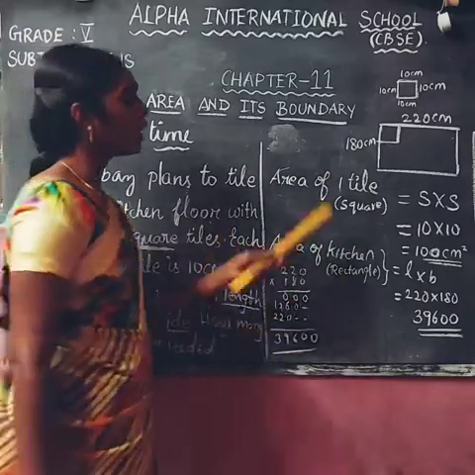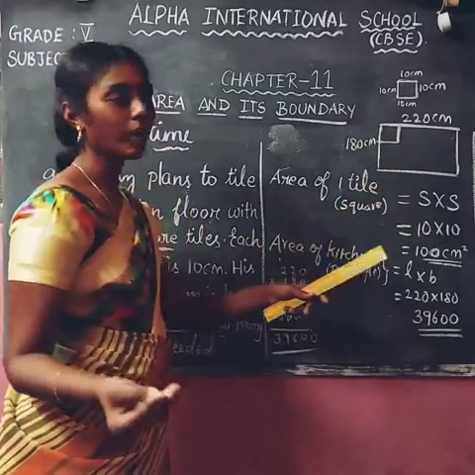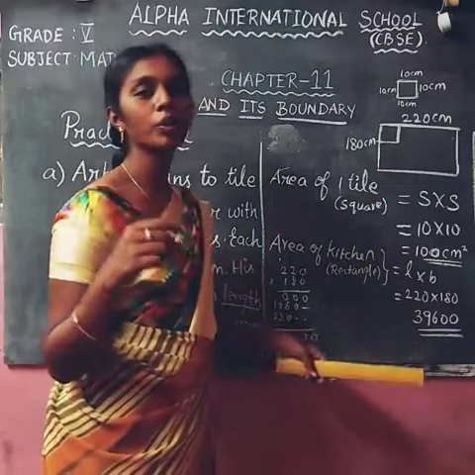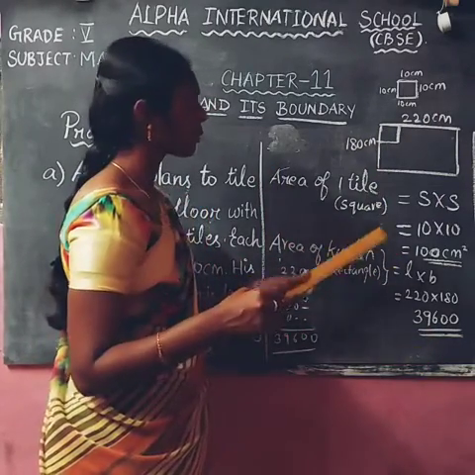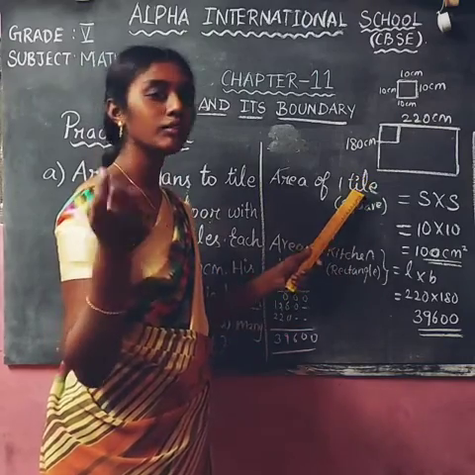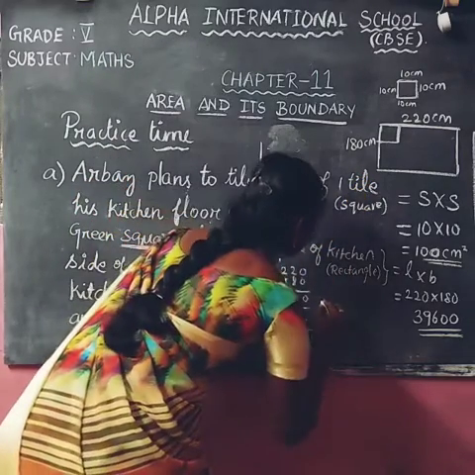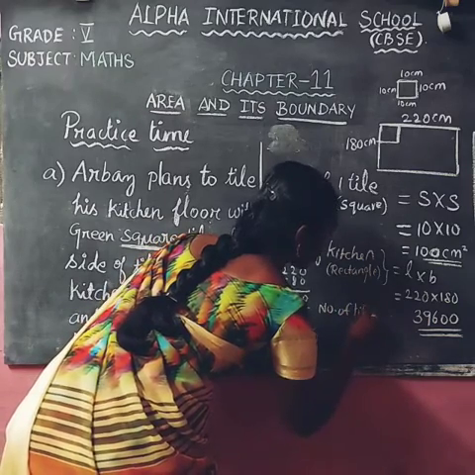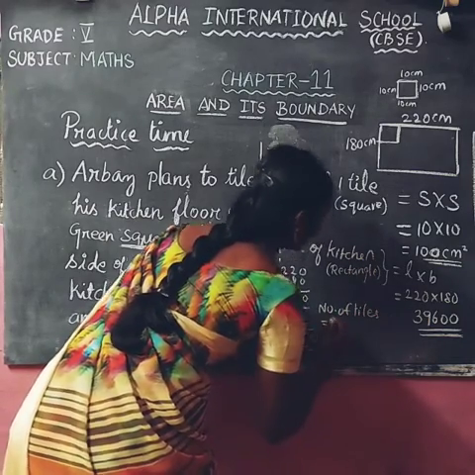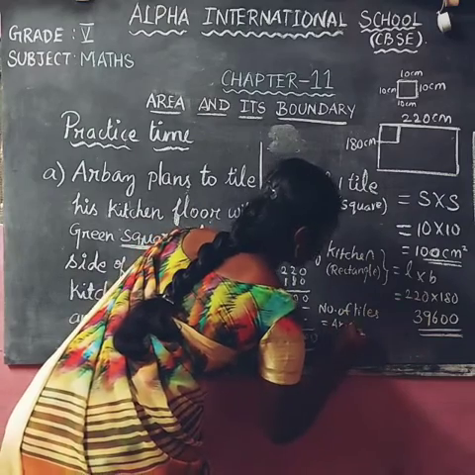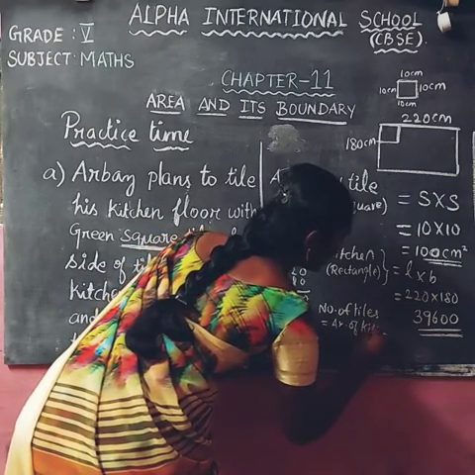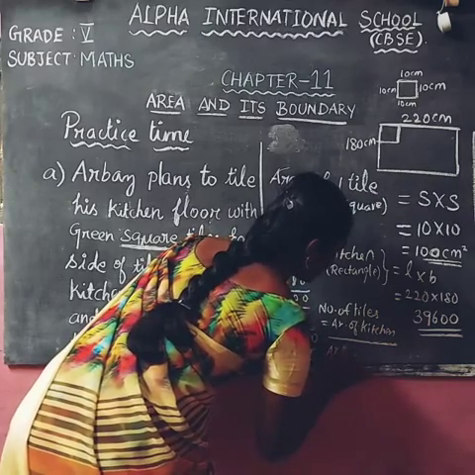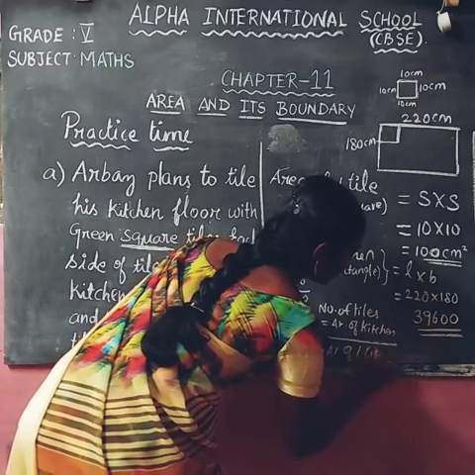Now we need to find how many tiles are required to complete this full rectangle. For this, we divide the area of the kitchen by the area of one tile. Then we can easily get the answer. Number of tiles: to get the number of tiles, what do we do? Area of the kitchen divided by the area of one tile.